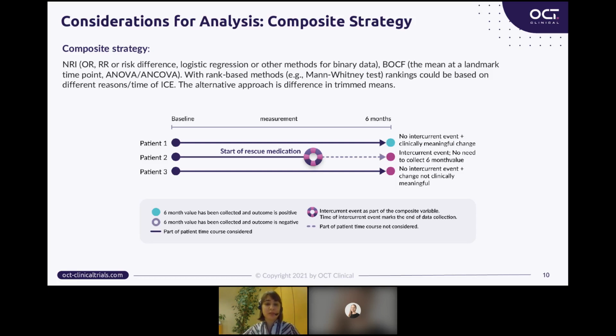The mean of the remaining observations is then estimated and compared between groups. However, this approach doesn't preserve randomization, since analysis is carried out only in a subgroup of best responders. It is also not so straightforward to interpret as a common difference in means.